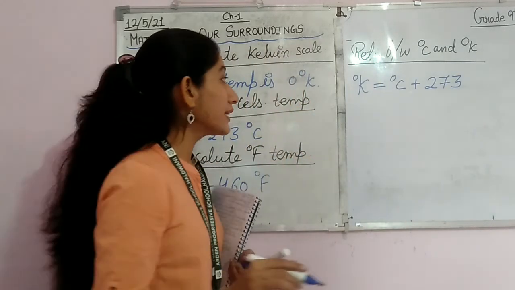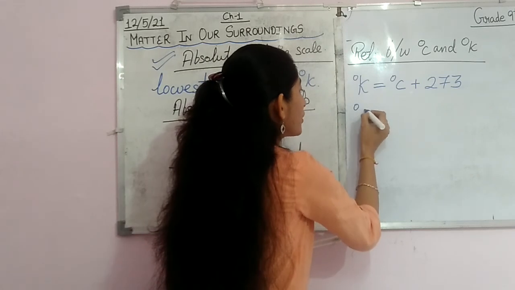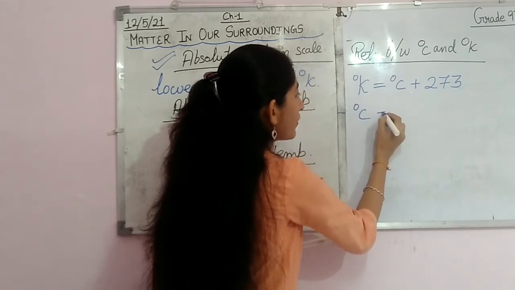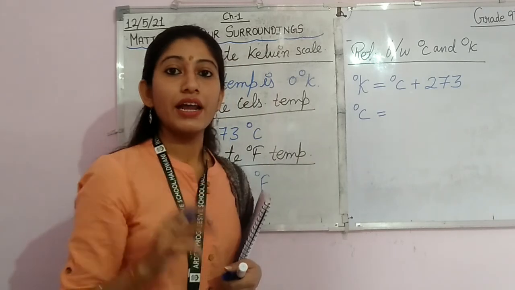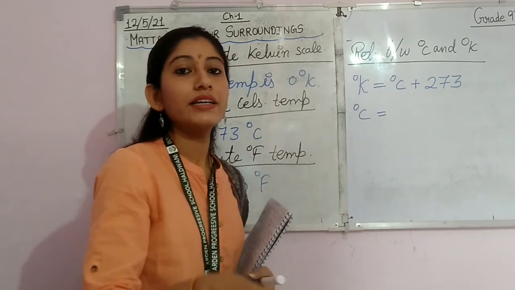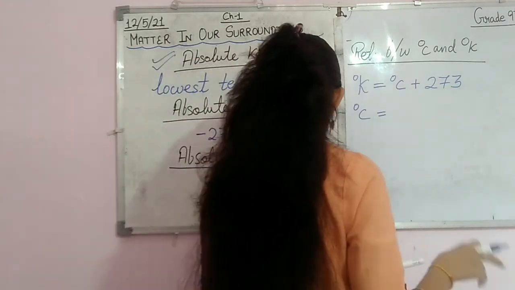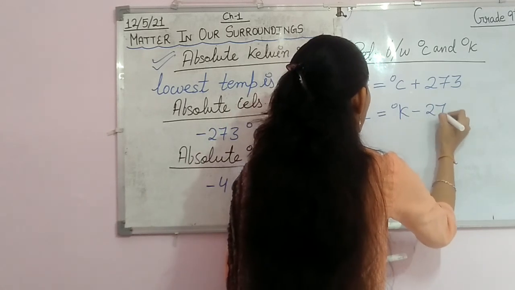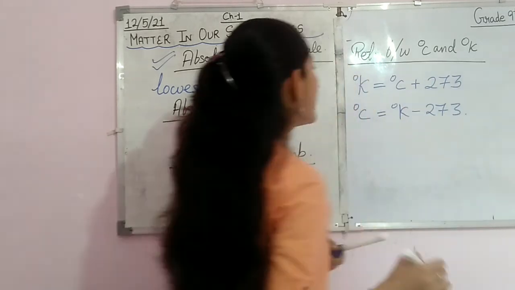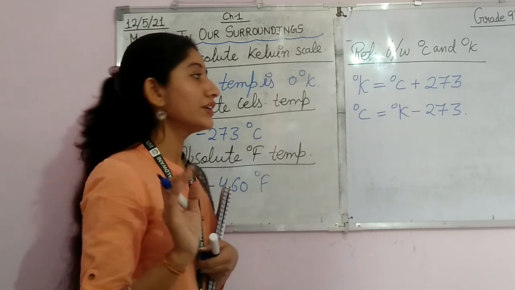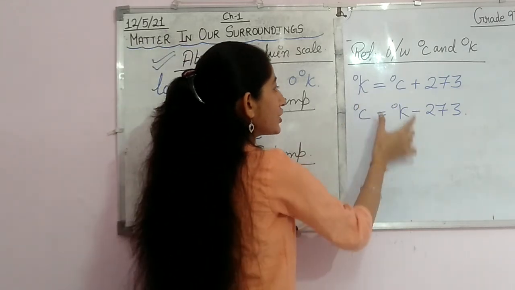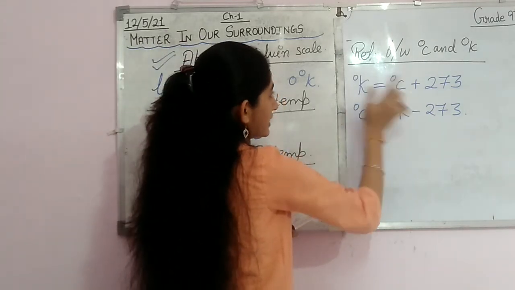And when you have to change degree Kelvin into degree Celsius, meaning when degree Kelvin is given and you have to change it into degree Celsius, then you will write Kelvin minus 273. So this is the formula, or we can say this is the relation between the Kelvin and the Celsius.